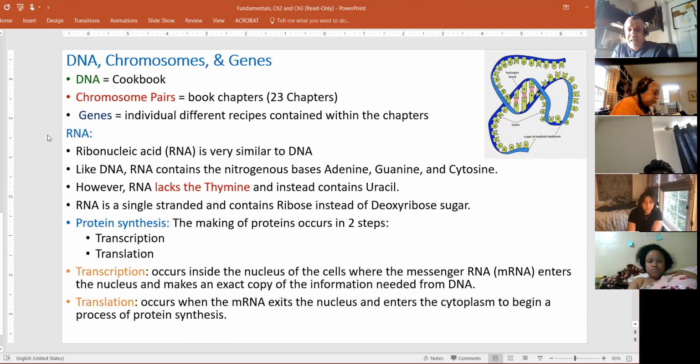That will be well explained and make sense when we discuss the pathophysiology of HIV/AIDS, transcription and translation. Transcription takes place within the nucleus, when the messenger RNA enters the nucleus and tries to make a copy of the DNA, 99% of which is present in the nucleus.